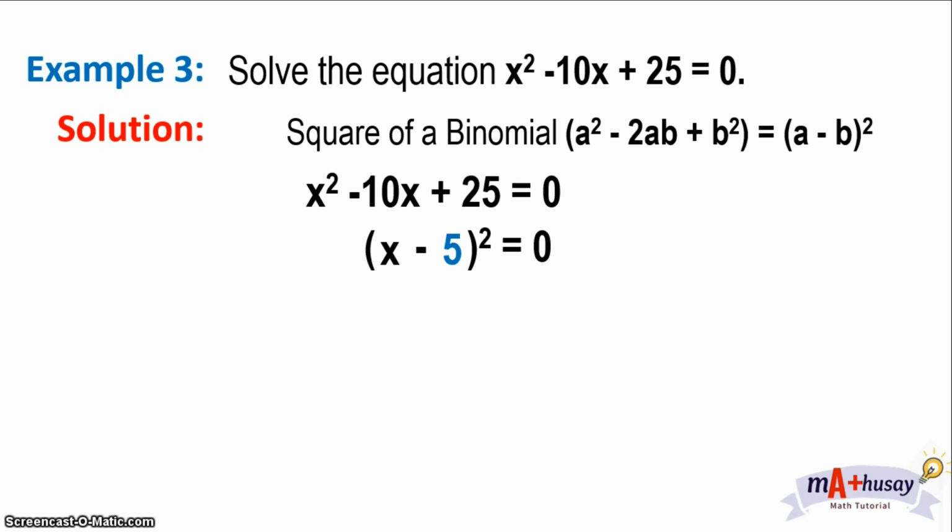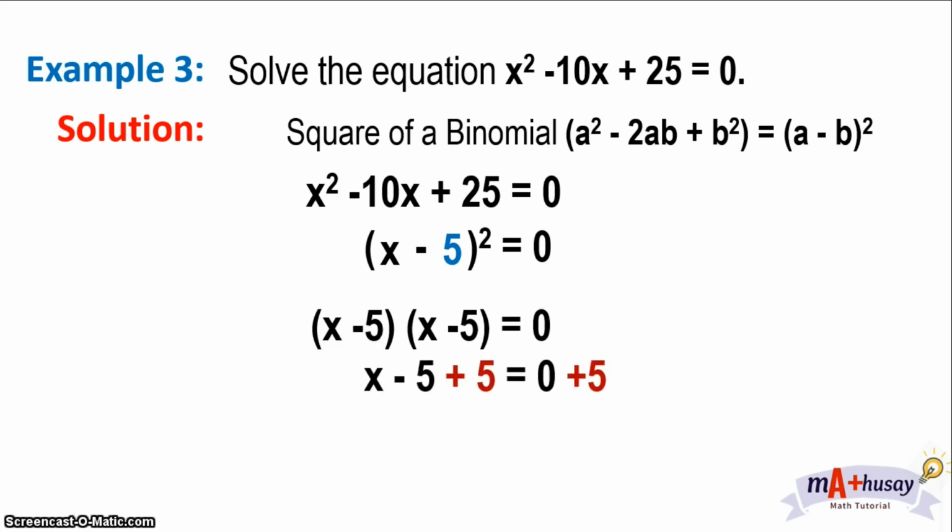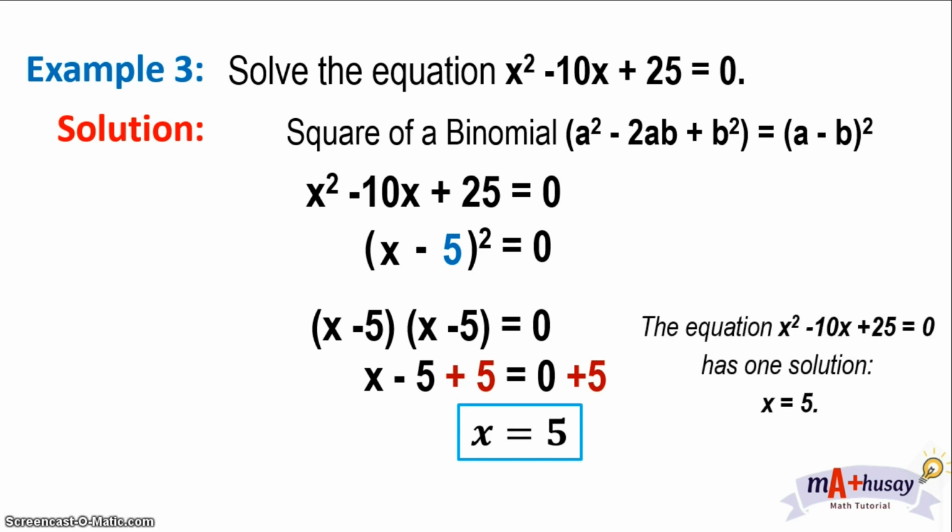Now, to solve for x, we can split it into 2. They are the same. Since we have the same factor, which is x minus 5, we can add positive 5 to both sides of the equation. So, the value of x is equal to 5. If you notice, in this case, we only have one solution, which is 5.